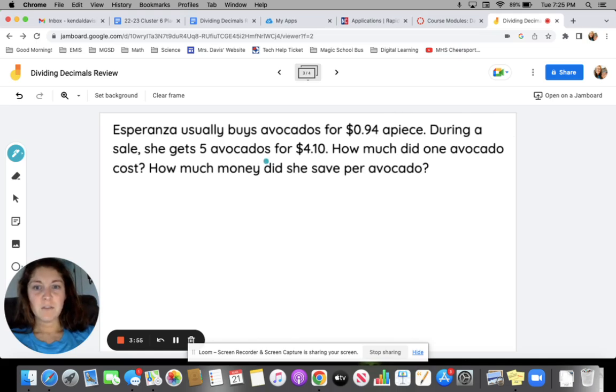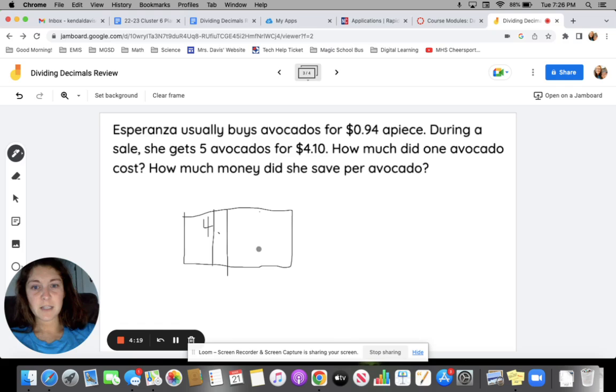The first thing I need to figure out is how much 1 avocado cost if she bought 5 for $4.10. So that tells me right there that I need to divide. And I am sharing the amount of money that she spent. So that means my $4.10 goes inside of my house here.